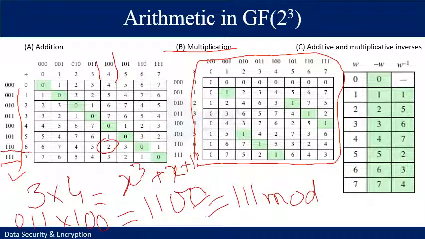So that results in 1 for x cubed, 0 for x squared, 1 for x, and 1 for the final value. So this results in the value 7. So if we take the value 3 from here and 4 from here, we get the value 7.